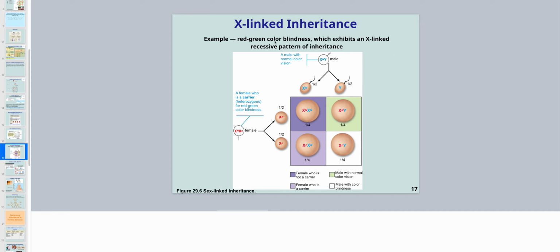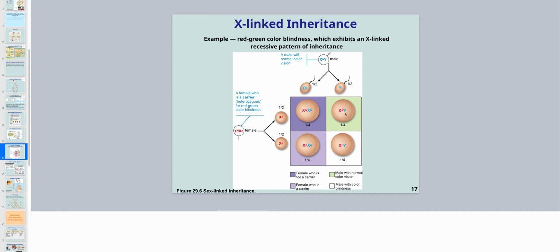Because this allele is inherited in an X-linked recessive pattern, if you're a female, you would need both of your X chromosomes to have that allele in order to receive this kind of color blindness. Whereas if you're a male, you really only need one copy to affect you, because your other sex chromosome isn't going to be an X, right?